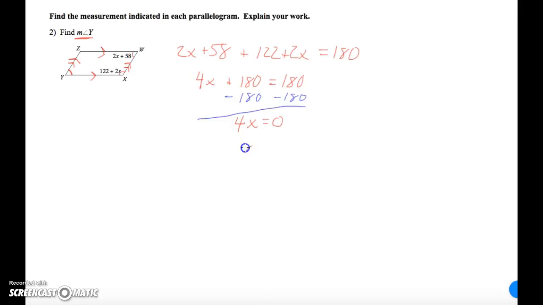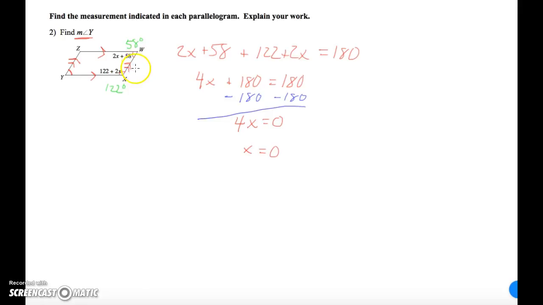And in order for that to be true, x must be equal to 0. So if x is 0, that means that these angle measures are 58 degrees, and this one is 122 degrees. And that makes sense. 58 plus 122 is 180.